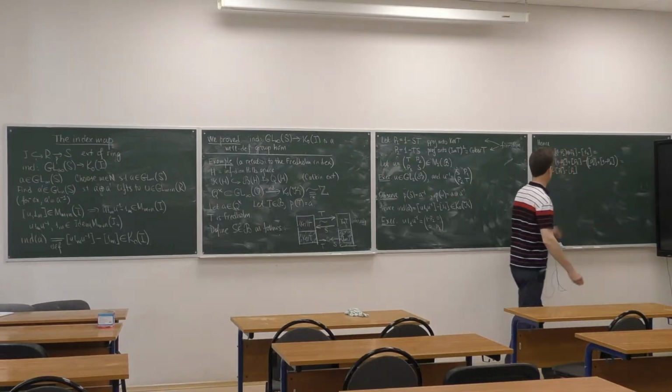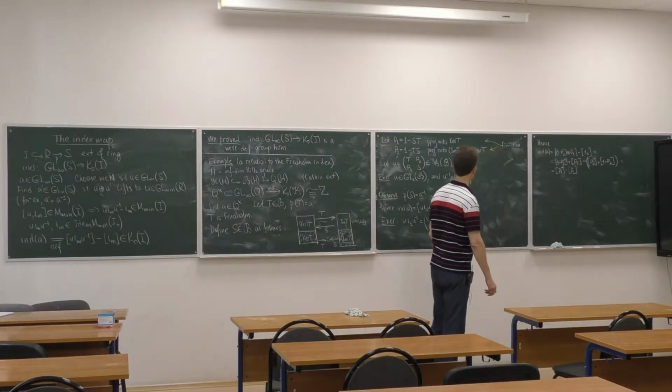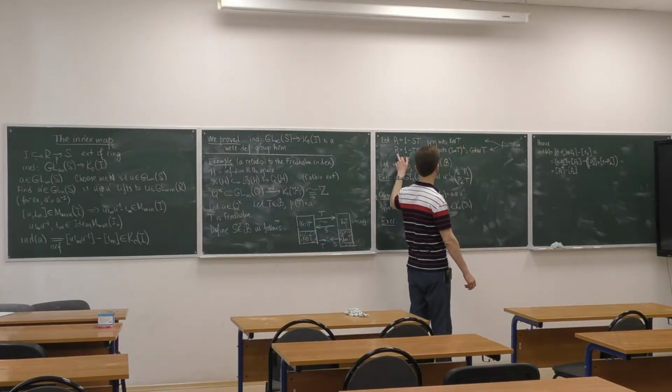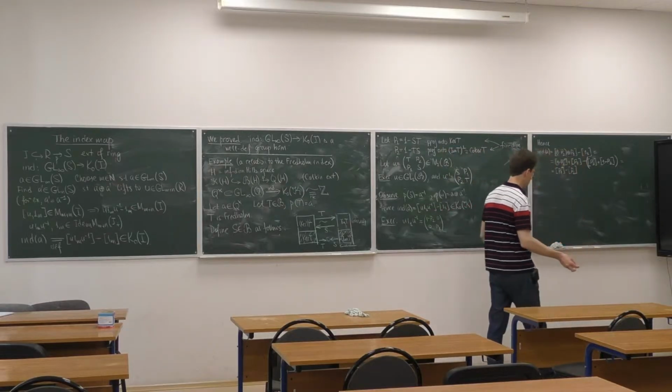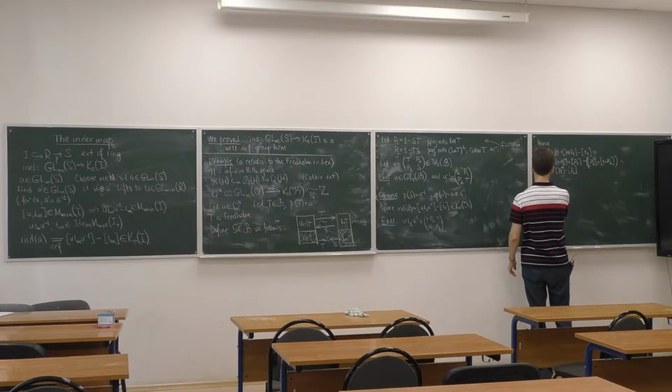And let's now recall that the rank of P1 is the dimension of the kernel, and the rank of P2 is the dimension of the co-kernel. So in summary, we get the following picture.